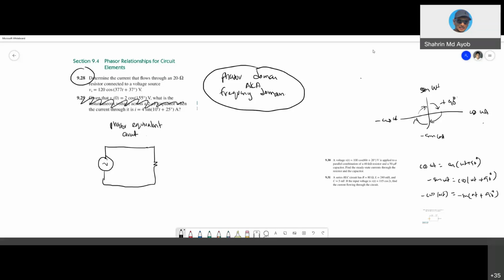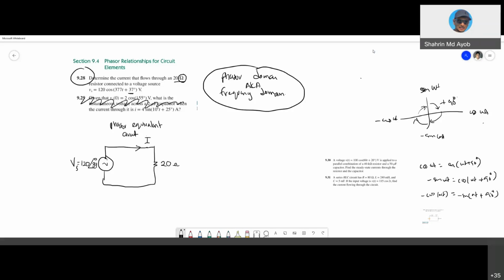Okay, so the load is a resistor of 20 ohm, so it is already a real number, so 20 ohm. And the voltage you need to change into phasor domain. So your Vs, capital letter. In phasor, we only concentrate on the magnitude and the phase, which is 37 degrees. And from here, you can calculate the current.